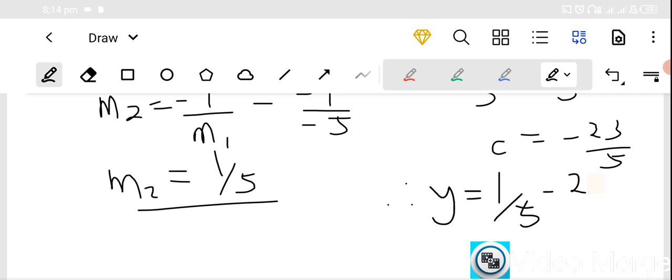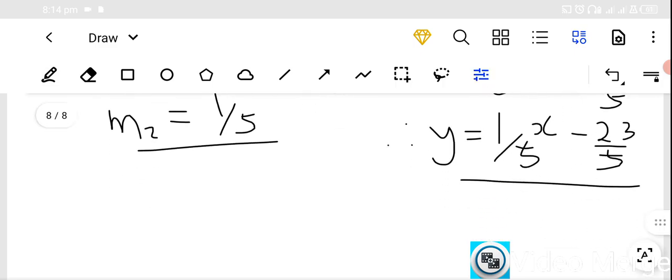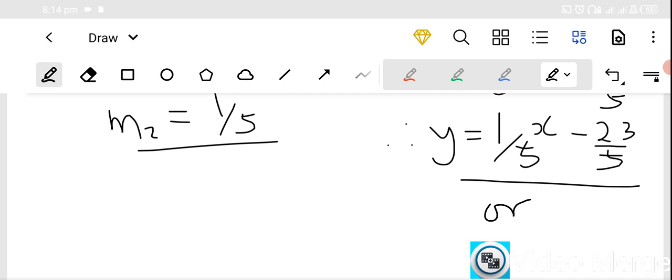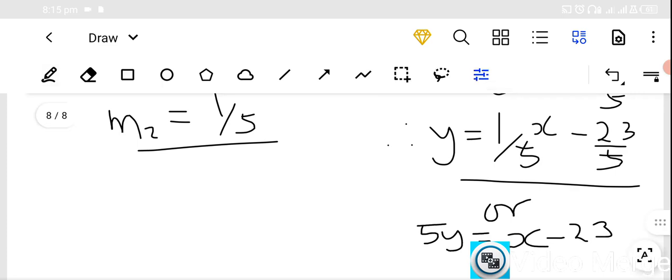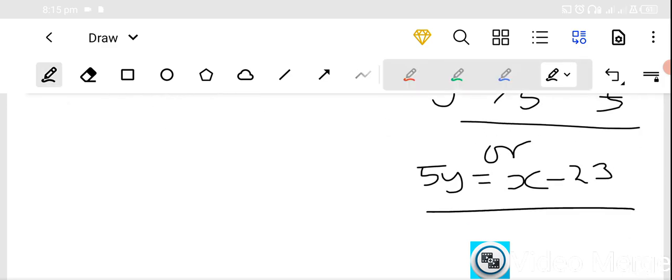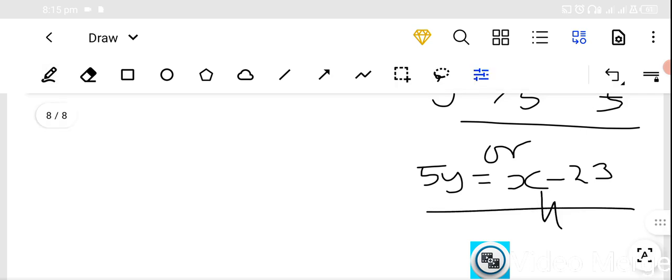So this is the equation of the normal. Positive 1 over 5 x minus 23 over 5 as your final answer. Or if you want, you can expand it. 5y is equal to x minus 23 as your equation of the normal to the curve.